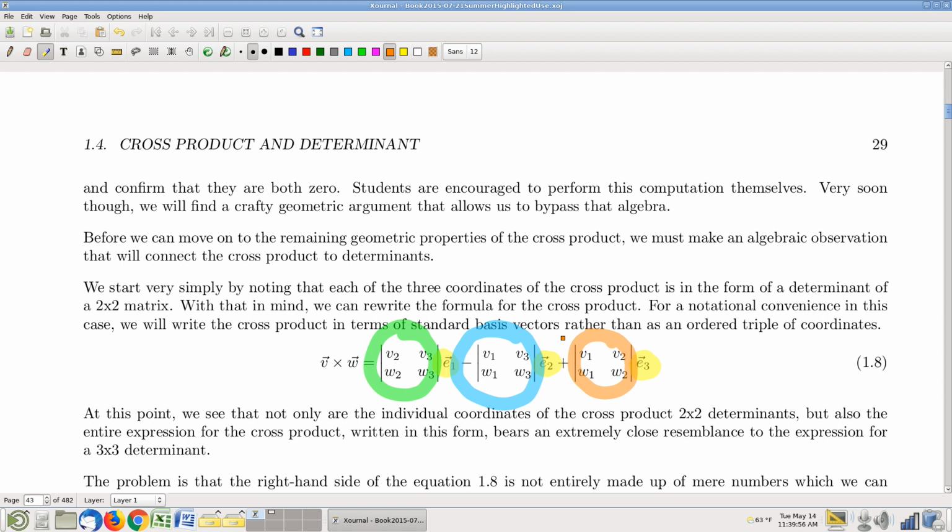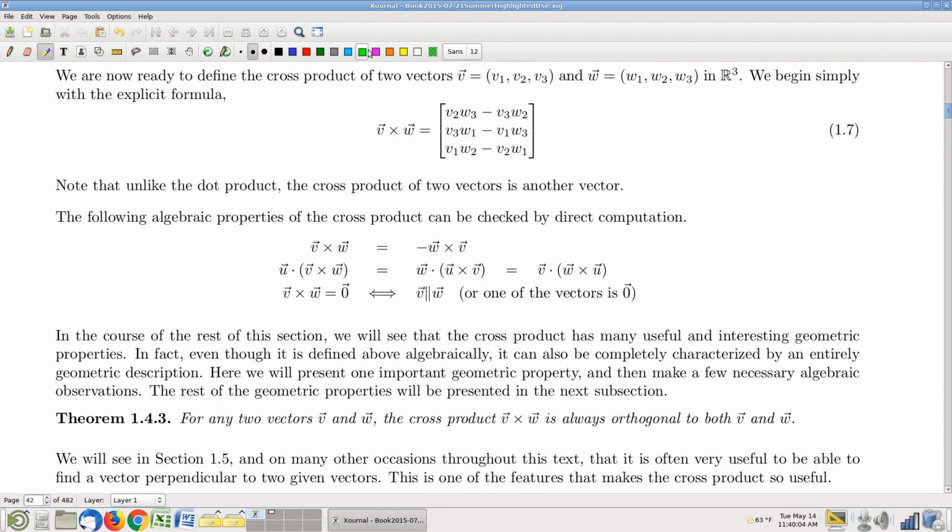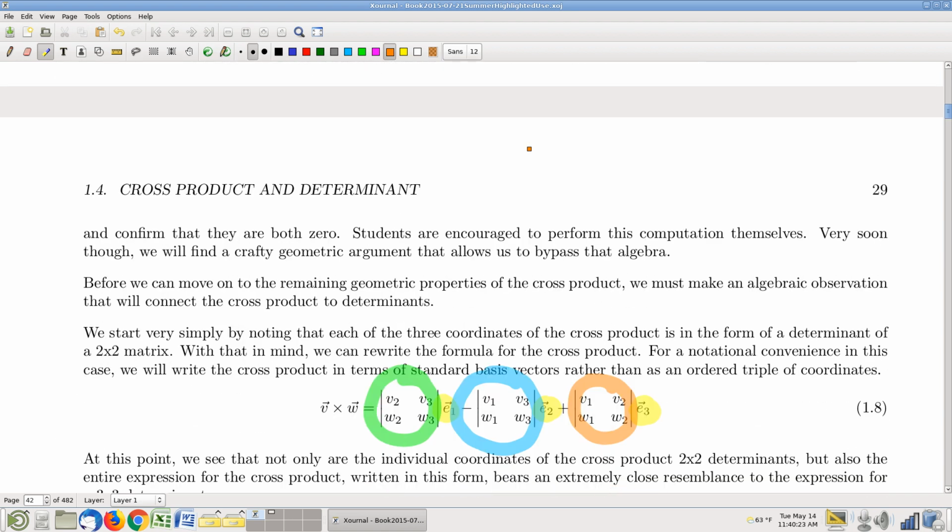I'm really just saying here that the cross product's coordinates are individually 2 by 2 determinants, and you can kind of see that in this formula here. That is a 2 by 2 determinant, that is a 2 by 2 determinant, and that is a 2 by 2 determinant. So, just notice that green, that blue, that orange, those coordinates are these little determinants, and that's that first observation.